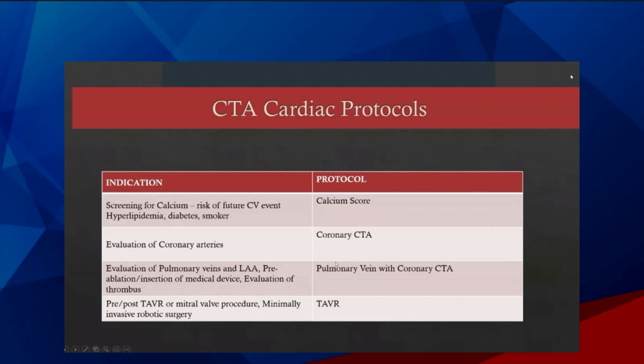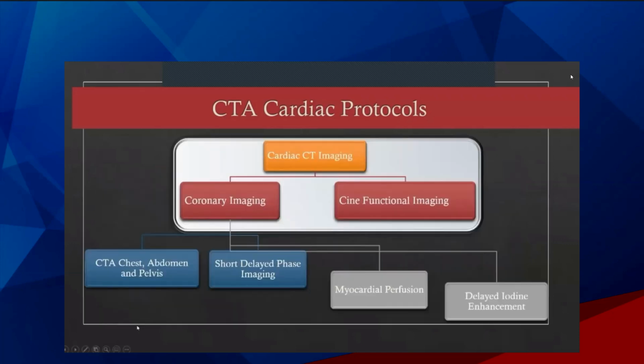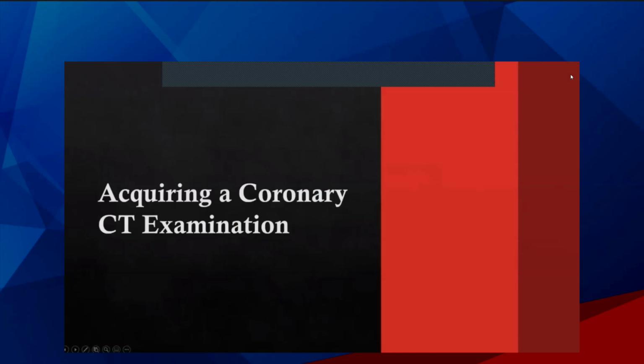We have a coronary CTA protocol that includes, in the majority of cases, functional assessment, a pulmonary vein protocol that easily incorporates coronary arterial assessment if needed, and a TAVR protocol that we use for our transcatheter aortic and mitral valve procedures, as well as minimally invasive robotic surgeries. Now let me have Mike talk to you about how we actually acquire our coronary CT examinations.